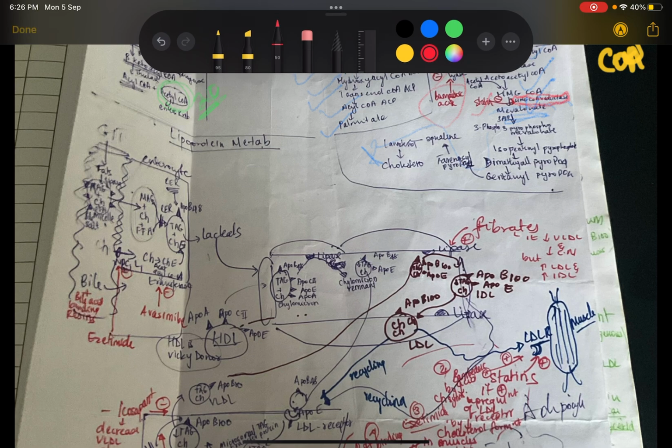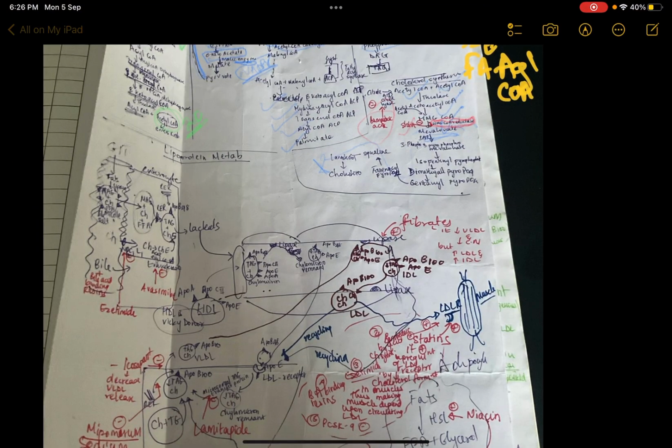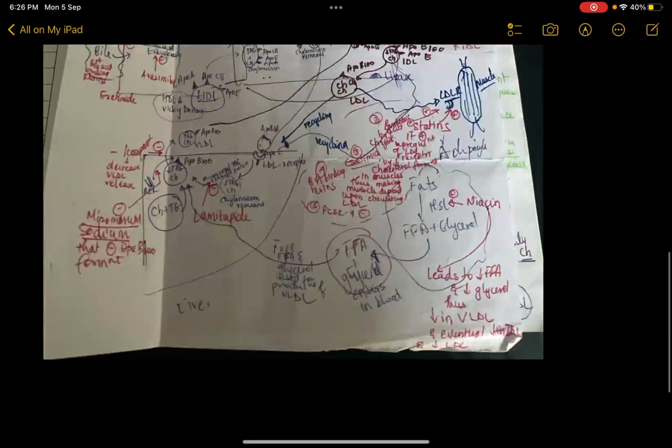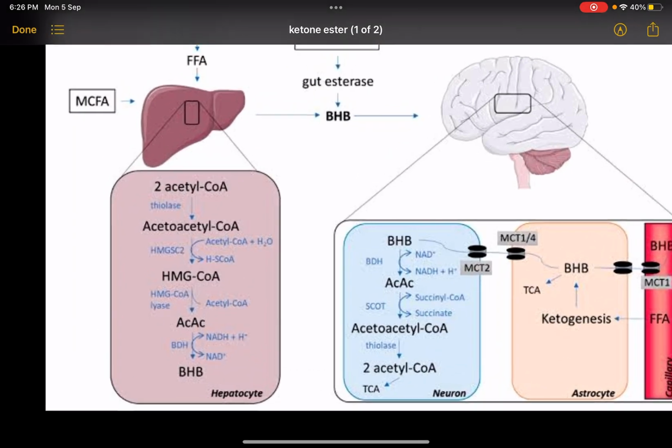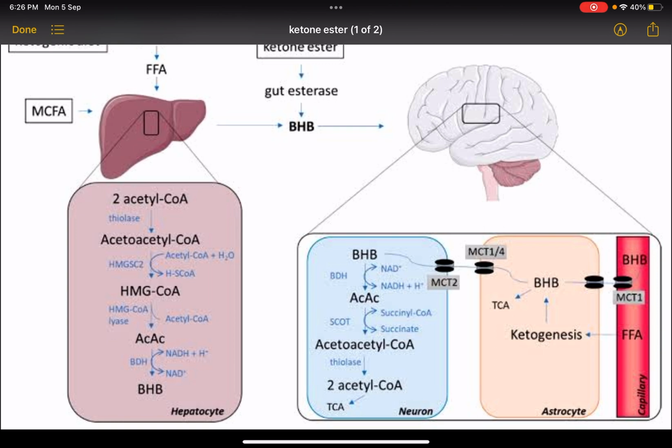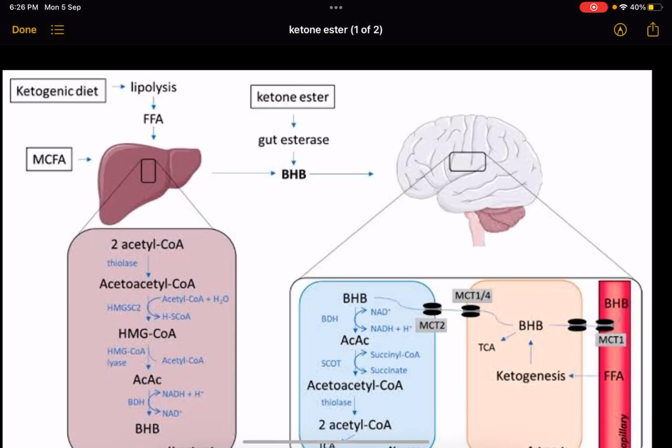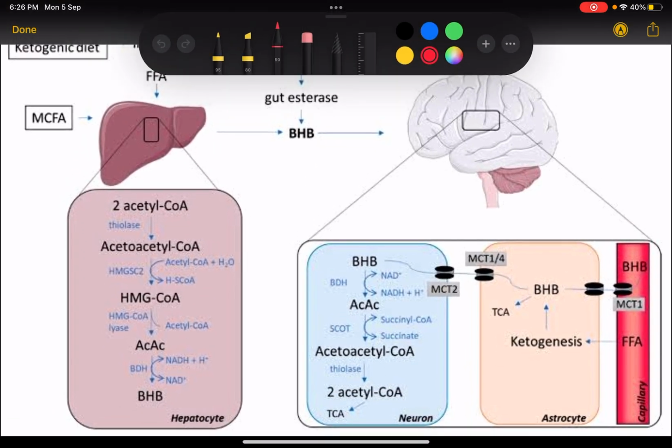Well, before we get into the lipoprotein metabolism, it's important to understand the difference between cholesterol and the ketone bodies. So when you're looking out here, there are two acetyl CoA, same as cholesterol, acetoacetyl CoA with thiolase, and then you have an HMG CoA lyase.